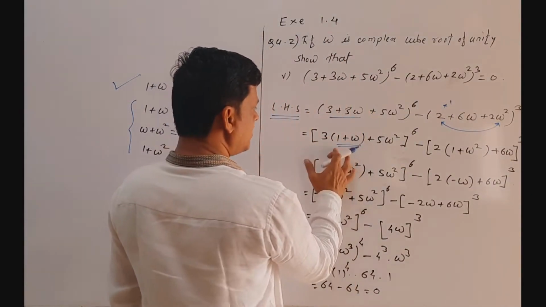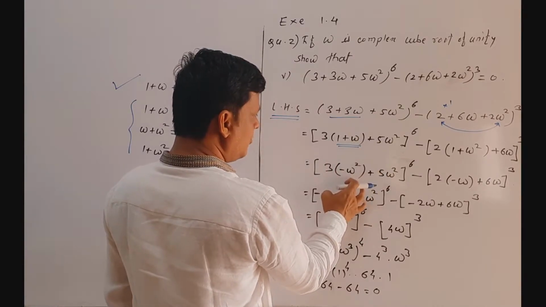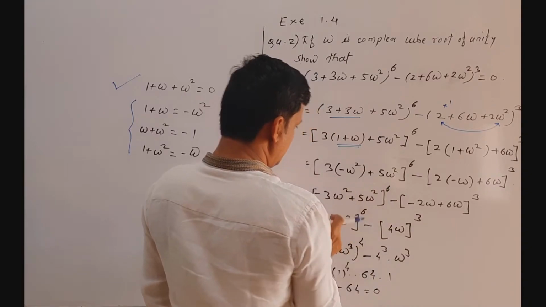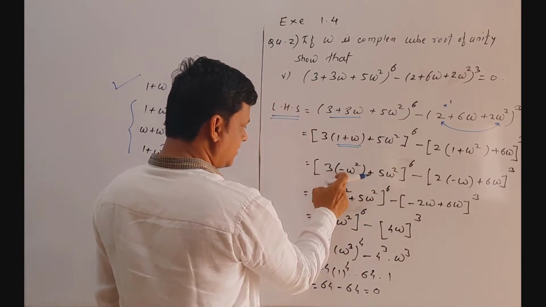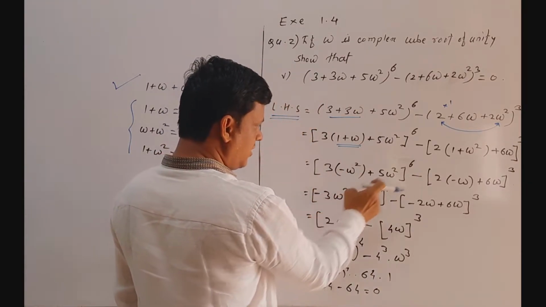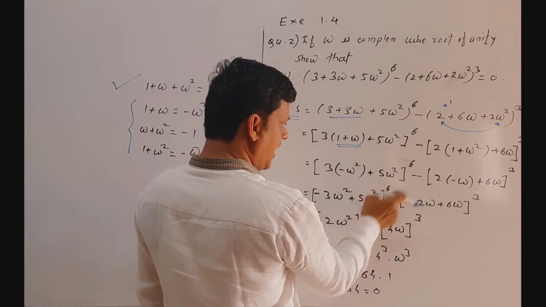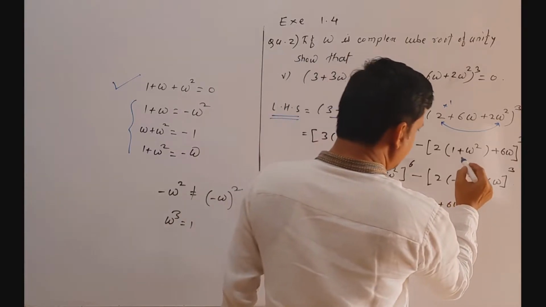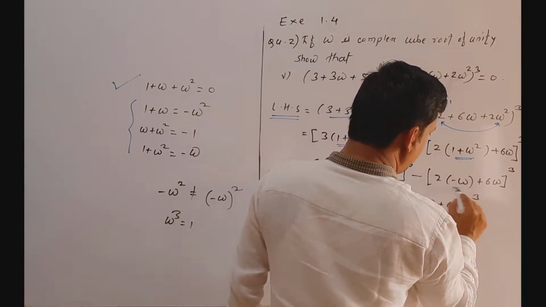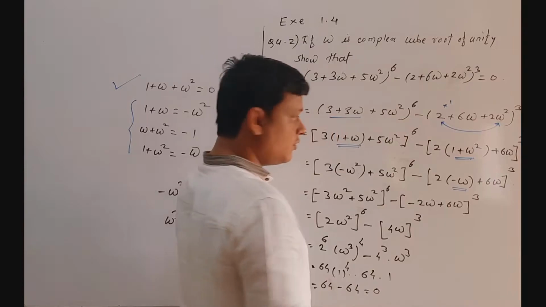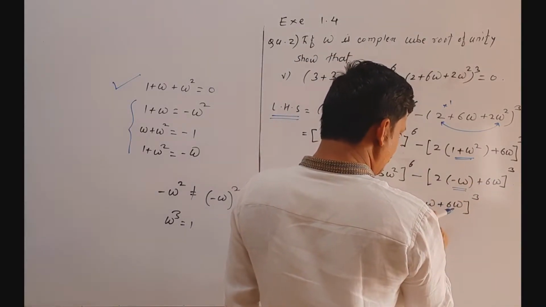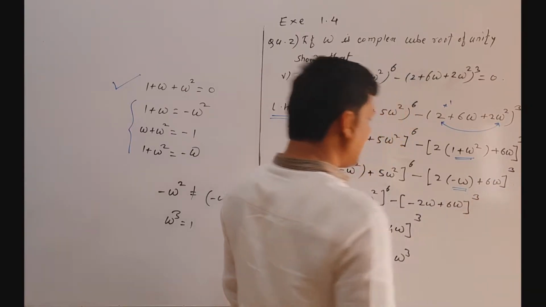Now we replace 1 + ω by −ω². So 3 into minus gives −3ω² plus 5ω², and the bracket raised to the power 6 as it is. Here we replace 1 + ω² by −ω, so we get 2 into −ω, that is −2ω, and the 6ω as it is.